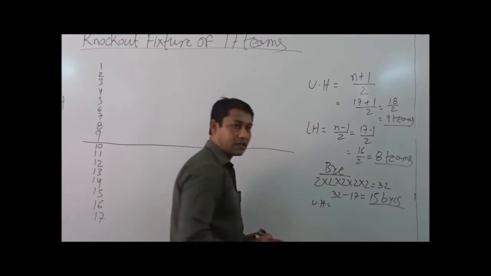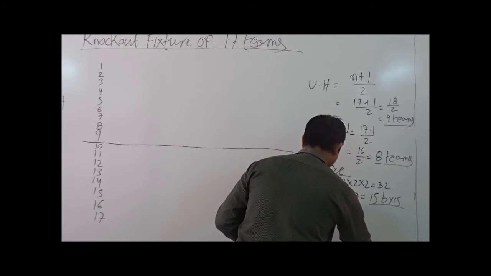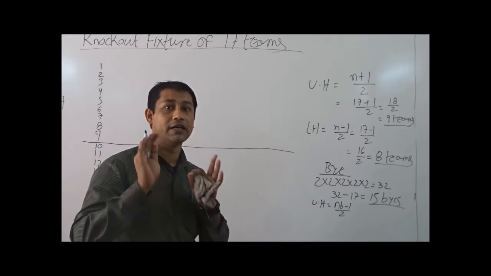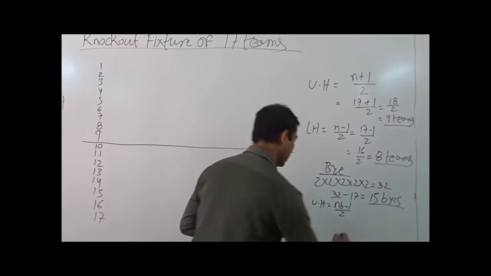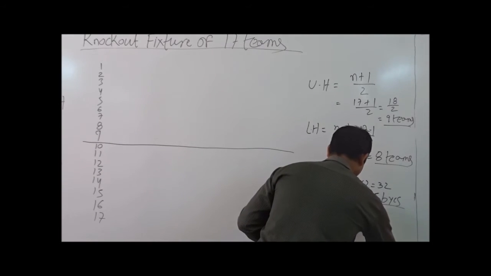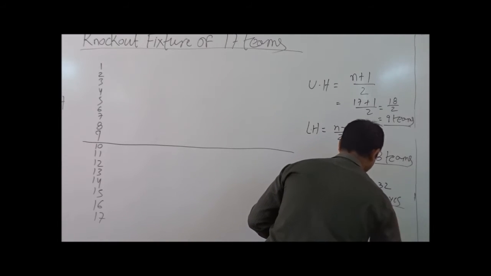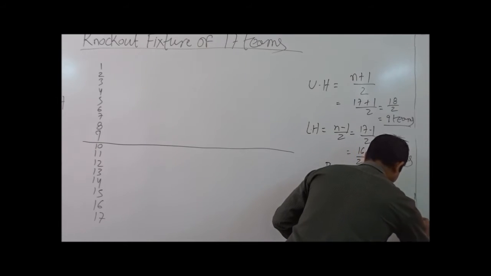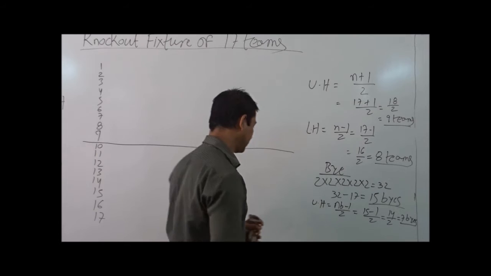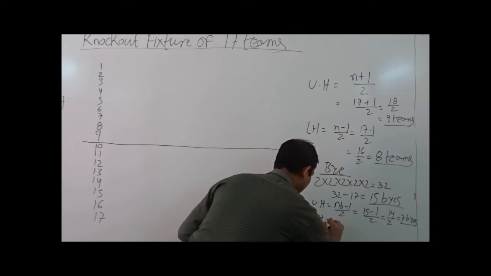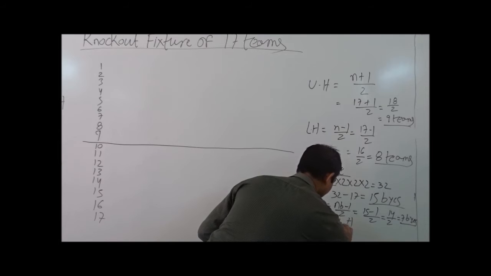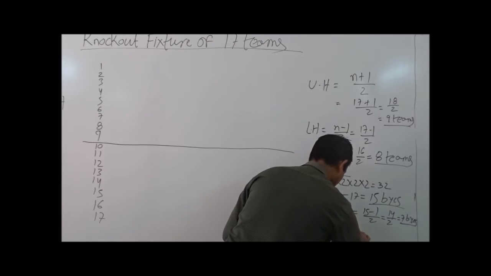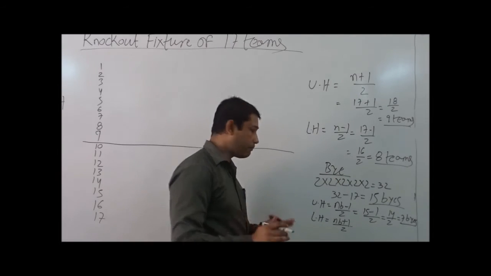For upper half, the formula would be NB minus 1 upon 2, where NB stands for number of byes. That means 15 minus 1 upon 2, that means 14 upon 2, means 7 byes in upper half. For lower half, the formula would be NB plus 1 upon 2, where NB means number of byes.